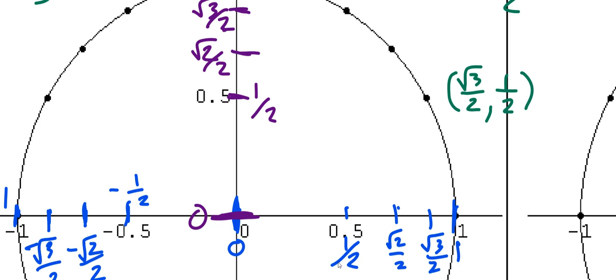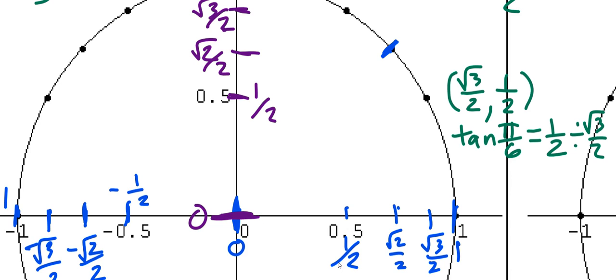That's the cosine and the sine right there for pi over 6. Now we know that tangent is the y value divided by the x value. And before we do that, maybe I should have probably started with this one.